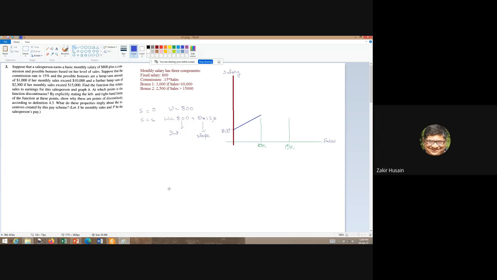Now, if you sell 10,000, the second equation is true when S is less than 10,000.